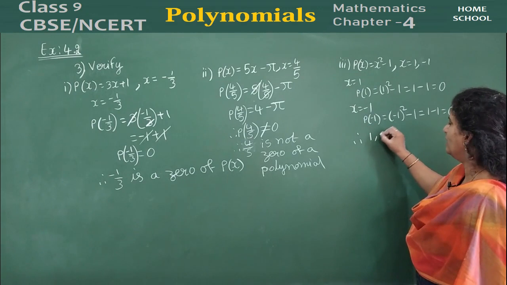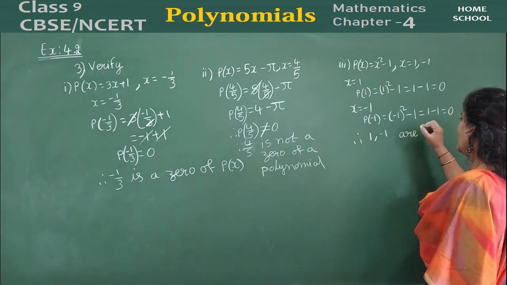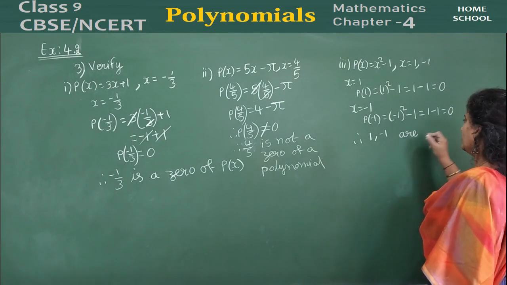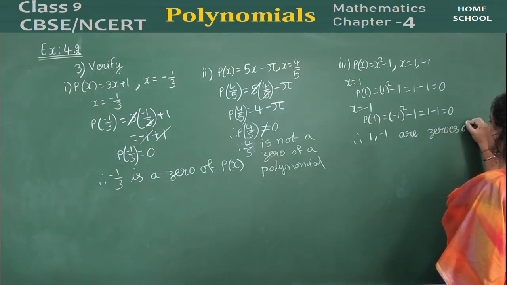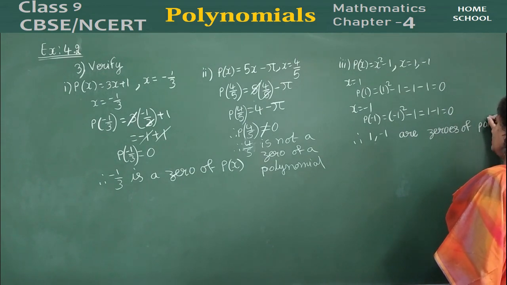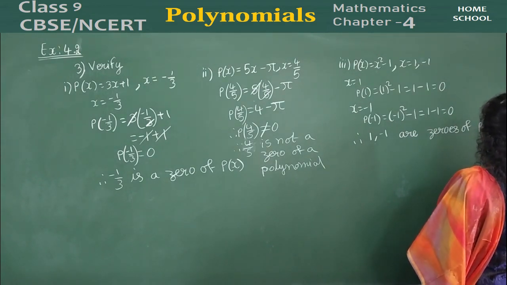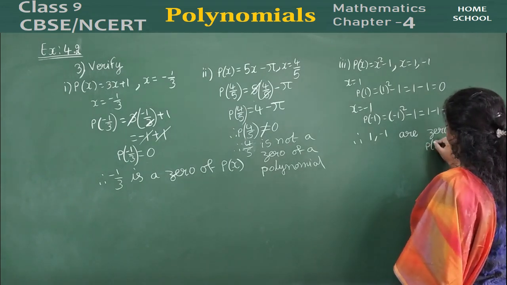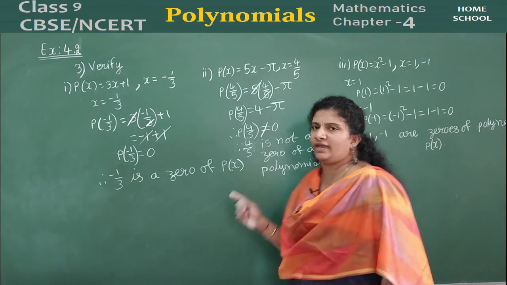Therefore, 1 comma minus 1, I should write, since I am taking 2, are zeros of the polynomial p of x.